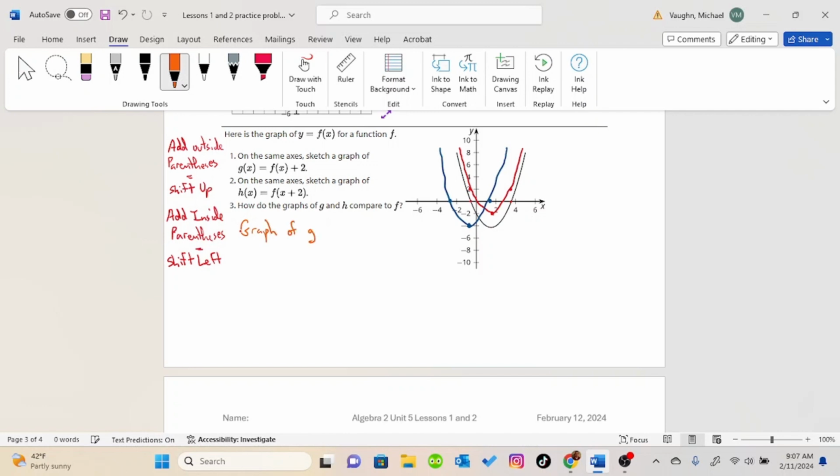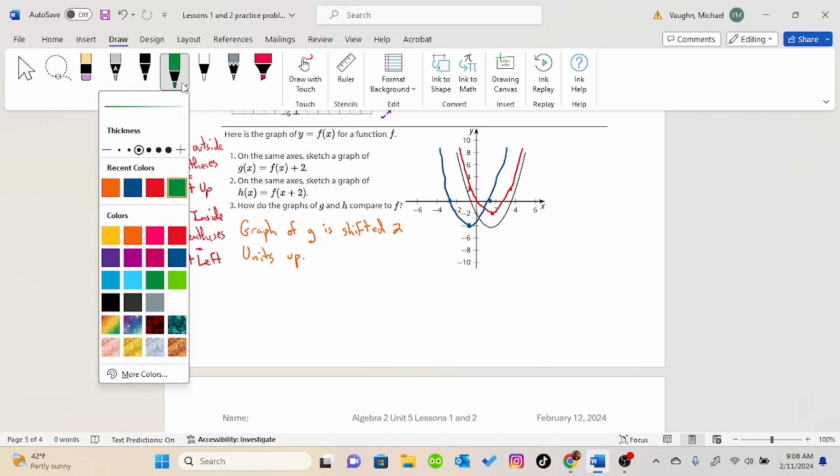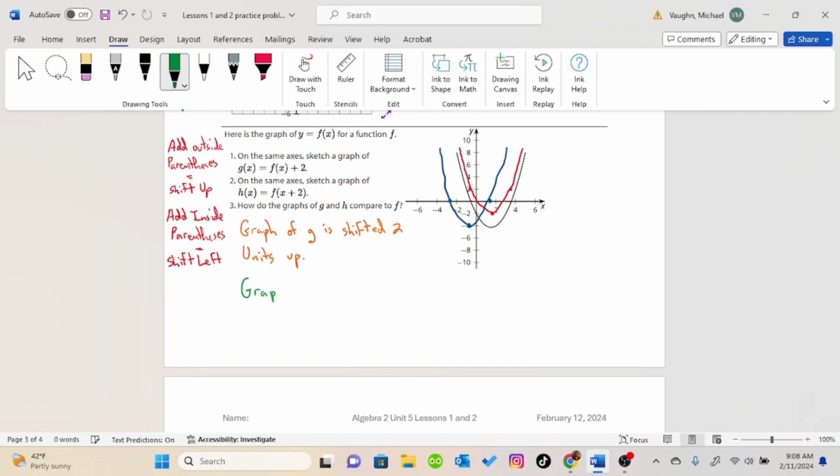Graph of G is shifted two units up, while the graph of H is shifted 2 units left.